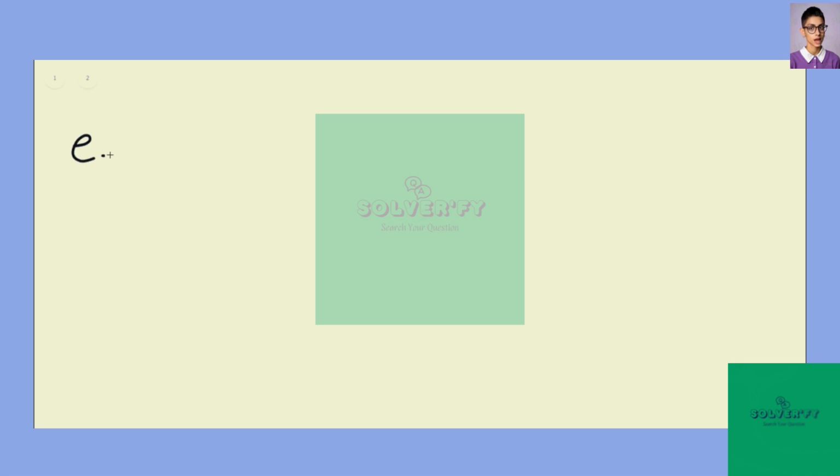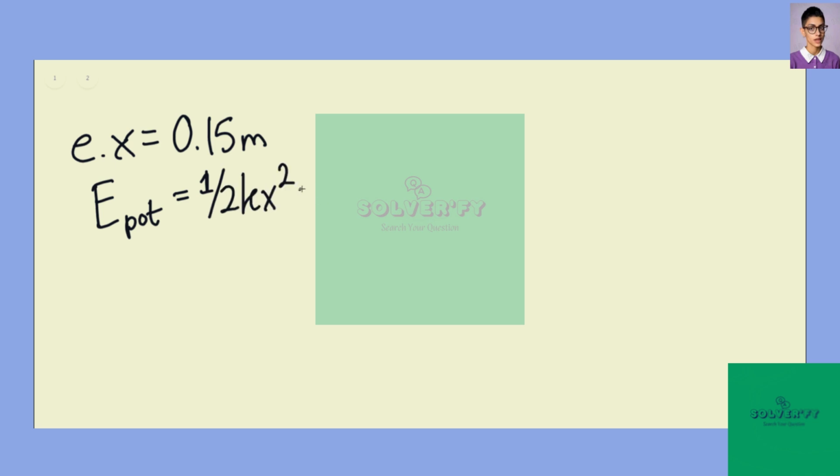Now for part E, they want us to find, if x equals 0.15 meters, how much potential energy is there and how much kinetic energy is there. So we can say that the potential energy would be equal to 1/2 k x squared, and this is equaling 1/2 times mass times omega squared x squared.